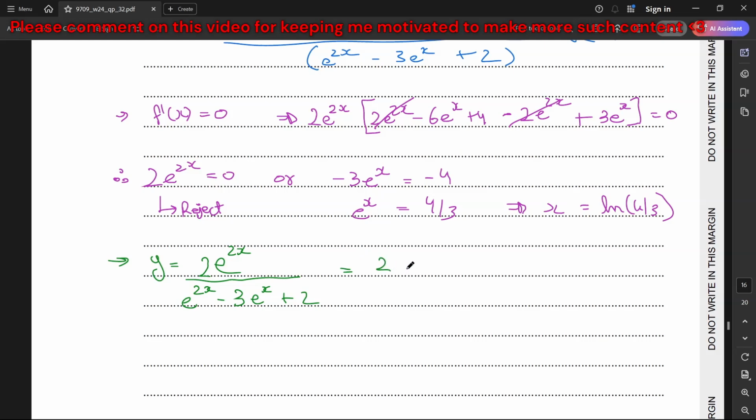So 2 times e to the power of 2 ln 4 by 3, divided by e to the power of 2 ln 4 by 3 minus 3 e to the power of ln 4 by 3 plus 2.